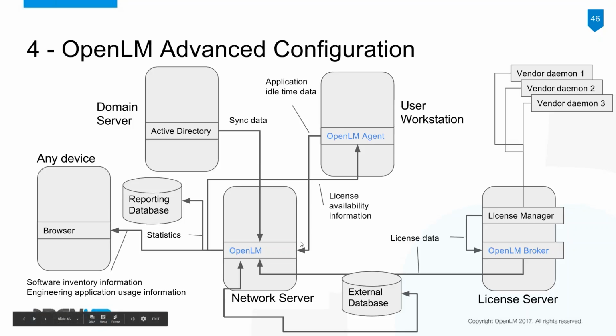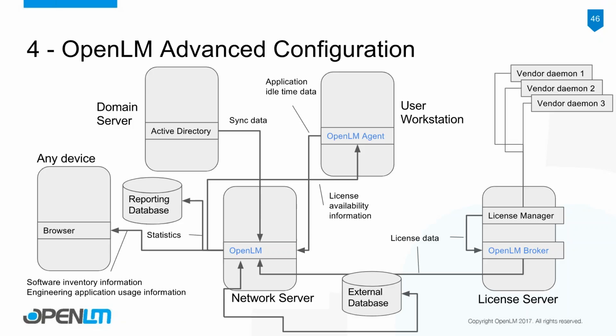But for example, with this configuration that you see here, users can query the availability of licenses, including the location of checked out licenses.